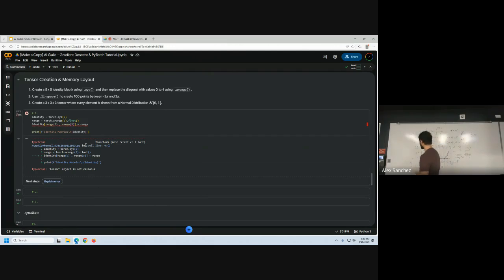The identity matrix means that we have ones across the diagonal and zeros elsewhere. So here we have 1 0 0, 0 1 0, ones across this diagonal.